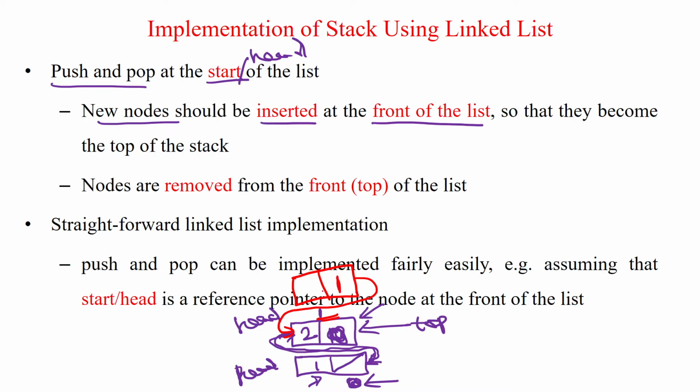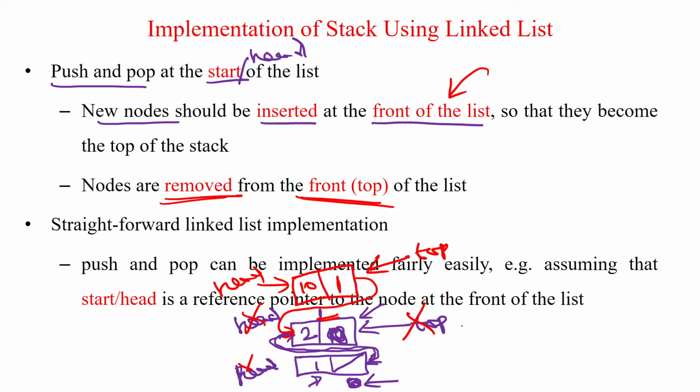This data may be 10. Now the head is updated, so this new node will become the head. So we can insert data only at the top of the stack. Now the top is updated.